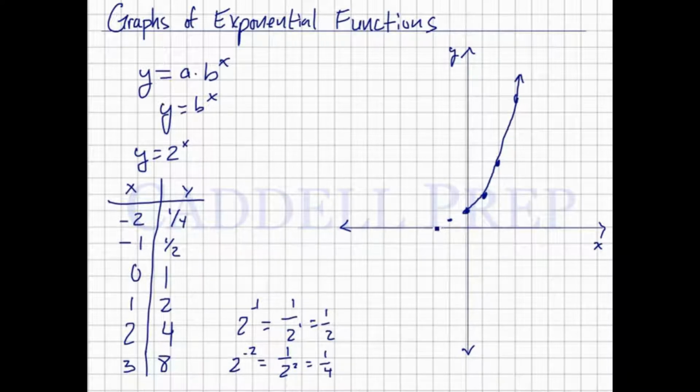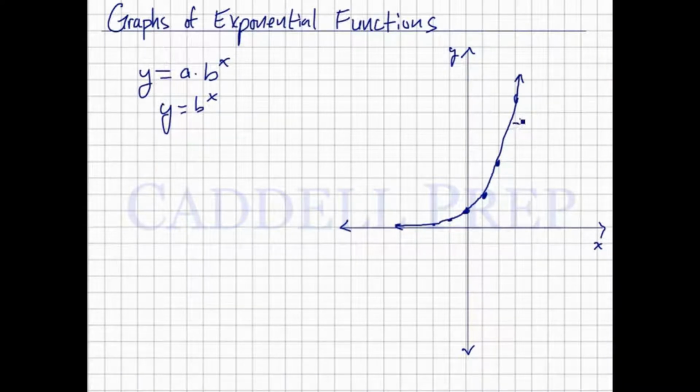So now this goes down to 1/4. This is going to continue like this, and in this form it's never going to go below the x-axis. It's never going to be negative, because even though these numbers are negative, it's just changing the exponent of the number in the denominator. So this is the basic graph of an exponential function.